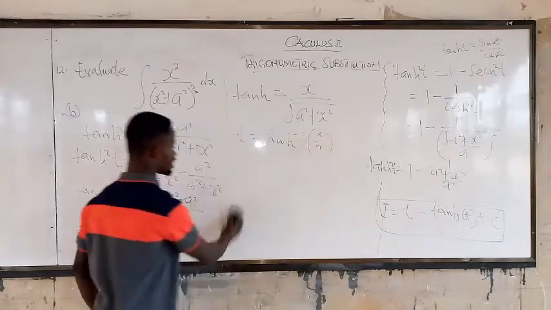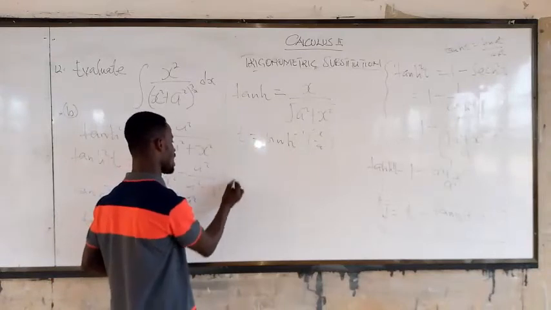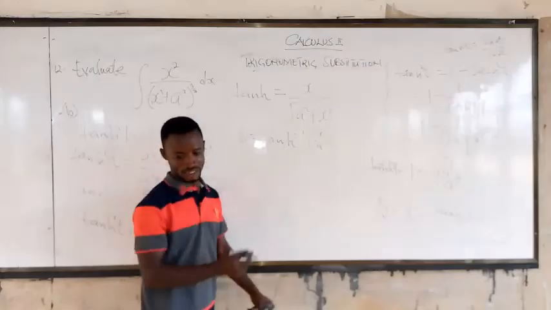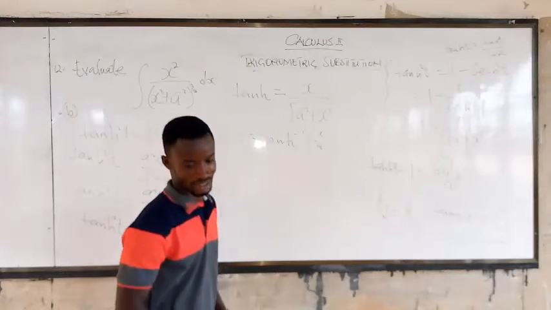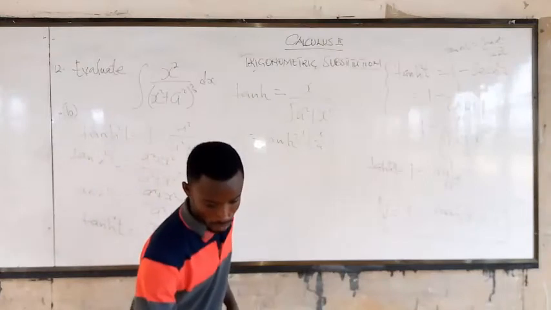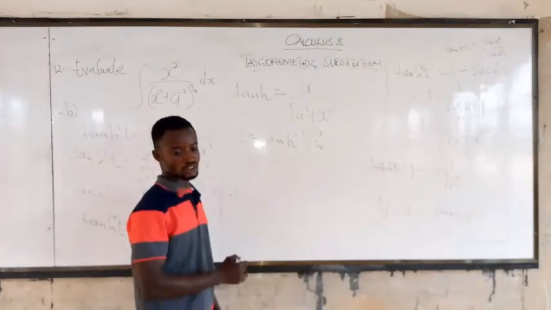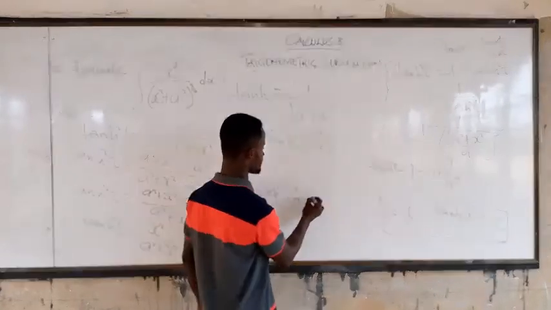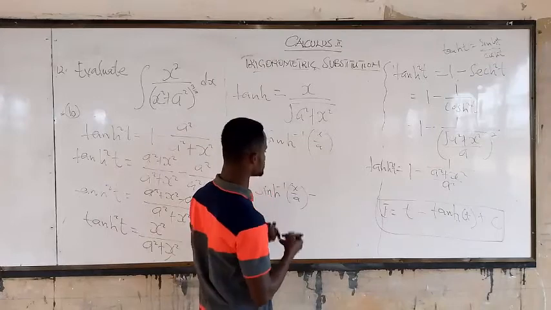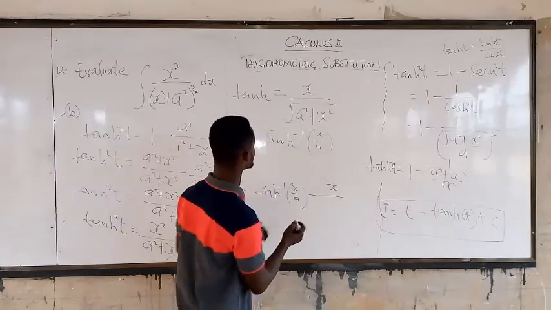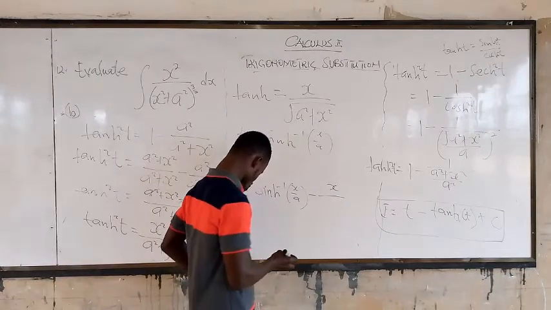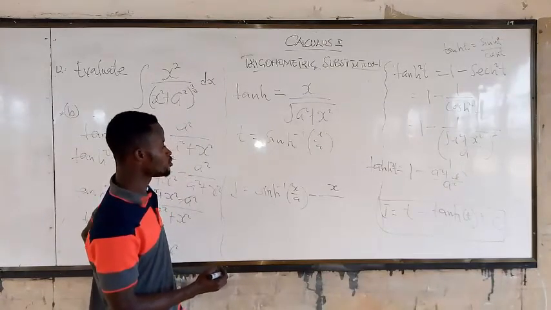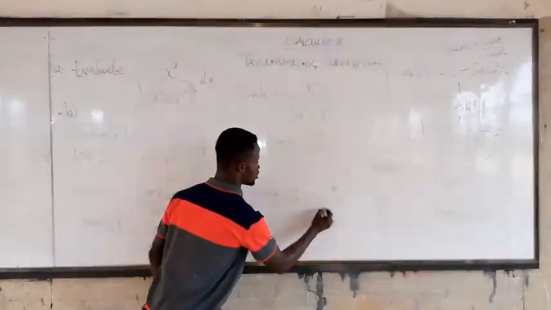So finally, our integral by hyperbolic substitution is going to be sine inverse of s over a minus, and we have tan to be s over the square root of a squared plus s squared.